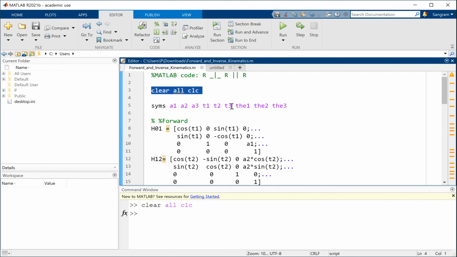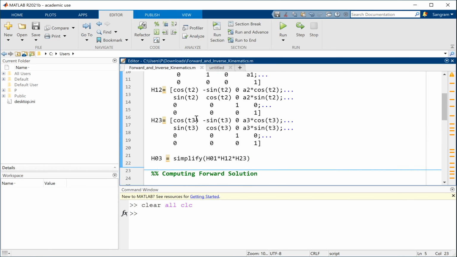And then I have THE1, THE2, THE3 that I will use for inverse calculation, and you'll see why I'm doing this. So as far as the forward kinematics is concerned, our variables are A1, A2, A3, T1, T2, T3. Are you with me so far?